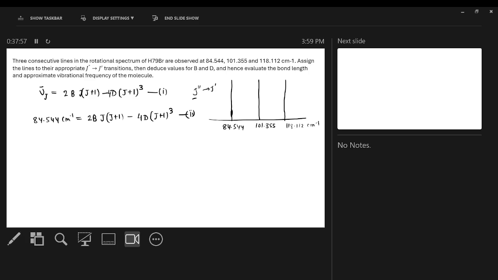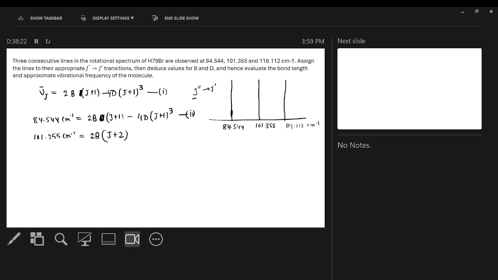Similarly, we can write 101.355 centimeter inverse equal to 2B, and here we'll have one higher, so I am directly writing J plus 2.